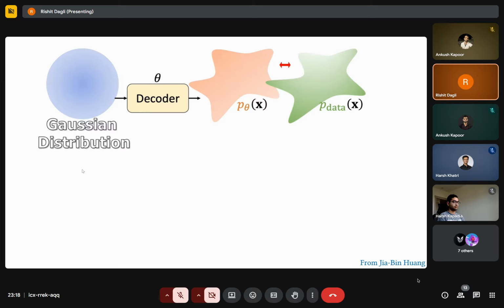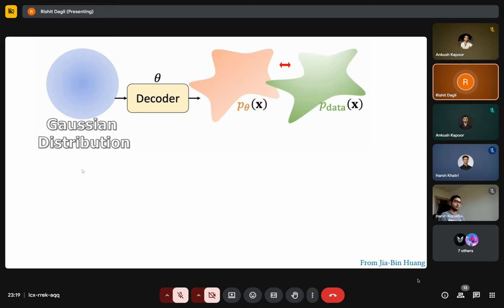For the most part, the problem that these generation models solve is a bit different. You start with a bunch of noise, and then you somehow want to build something that allows you to transform that random noise into what looks like a distribution.